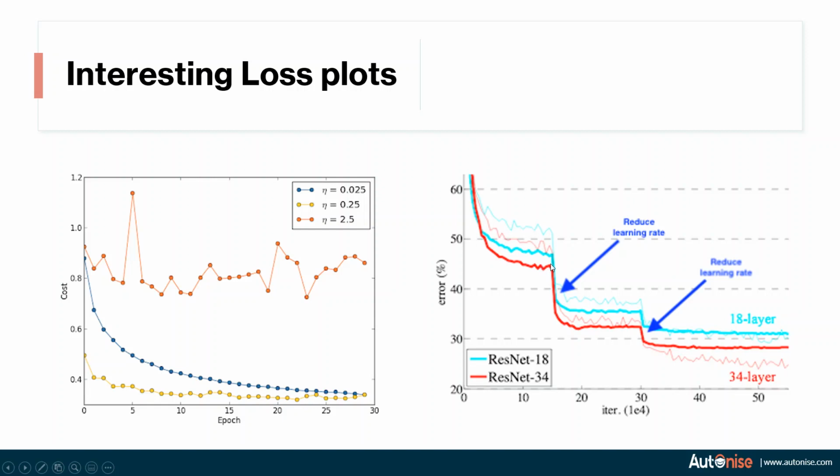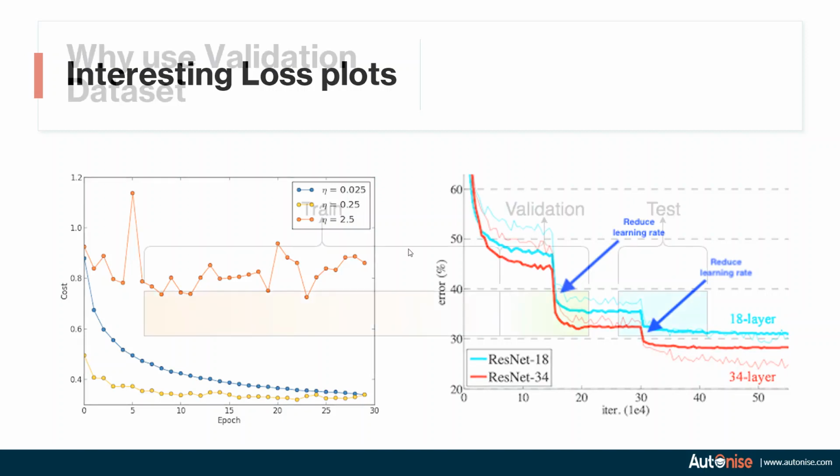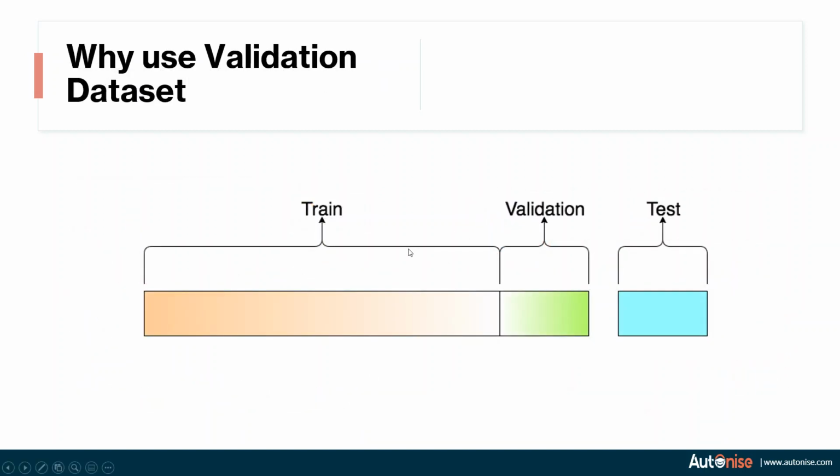At that moment, we reduce the learning rate and the loss drastically decreases. The model starts converging to the local minima. Again, it will start oscillating near the local minima. So we again decrease the learning rate and then the model starts converging. If you keep on doing this, you will be able to see such steep steps in your loss graph. So these were some of the interesting loss plots.